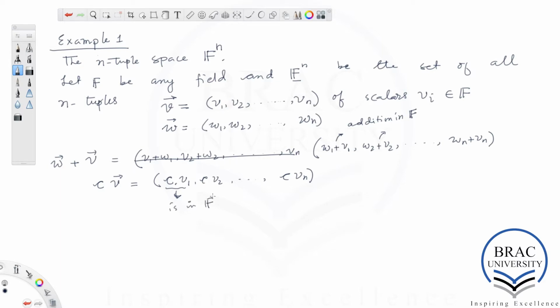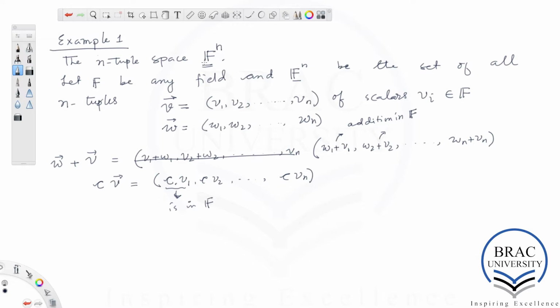F being a field is equipped with an addition operation and a multiplication operation. So this addition and this multiplication, they are in the field F. Okay, so this is how the set F to the n is equipped with vector addition and scalar multiplication.